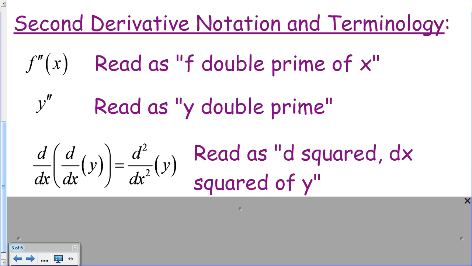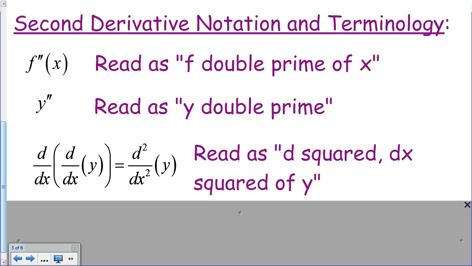Here's one that gets a little bit tricky in understanding exactly what they're saying, but remember, another way that we can indicate a derivative is d/dx, which we read as d dx. So a second derivative here would mean that you'd take the derivative of the derivative of y, is how we'd read this over here on the left. If we put all that together, I can see that I have d times d in essence in the numerator, which is d squared.